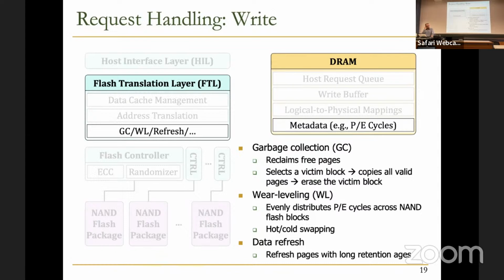So there is a trade-off here. If you, for example, refresh your NAND flash pages every week, you're going to cause some issues, like energy efficiency. But at the same time, you can reduce the error correction code capability, and that can buy you some other benefits. So here also we have another trade-off.